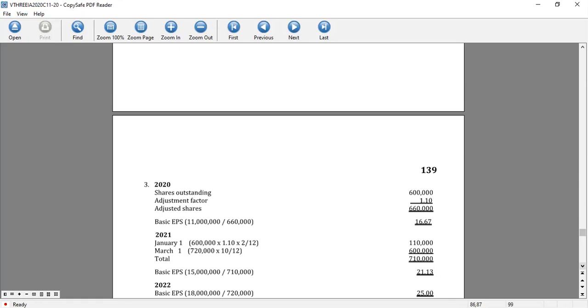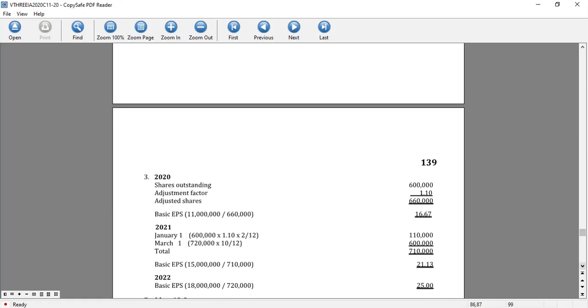We now get the adjusted shares of 660,000. So the basic earnings per share is 11 million, net income for 2020, divided by 660,000 adjusted shares. So we have 16.67.